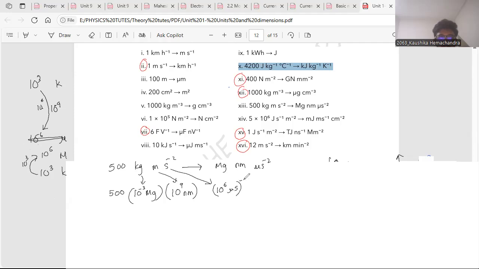But it's per square second, so per square microsecond. Finally, we get 500 into 10 to the power minus 3 megagrams into 10 to the power 9 nanometers into 10 to the power minus 12 per square microsecond.